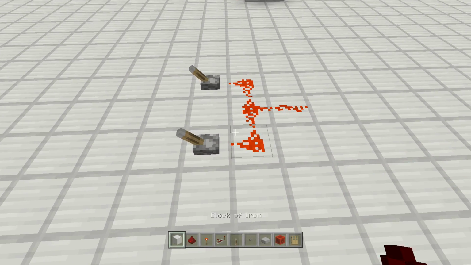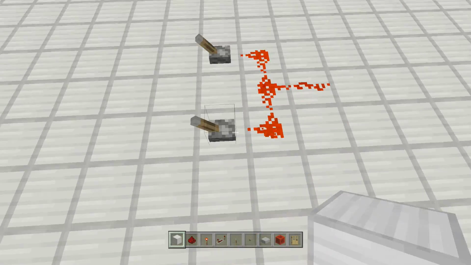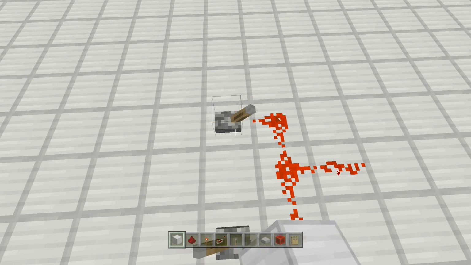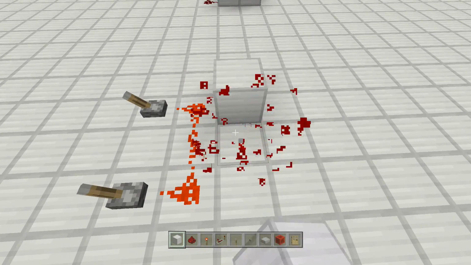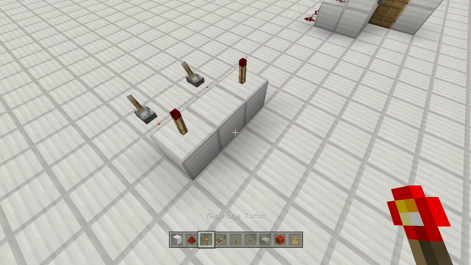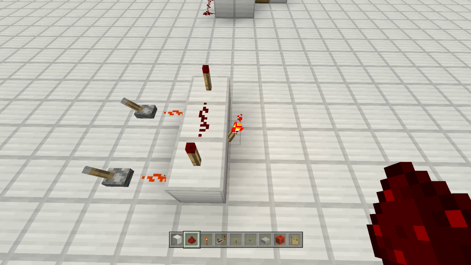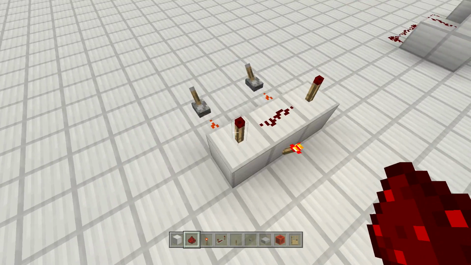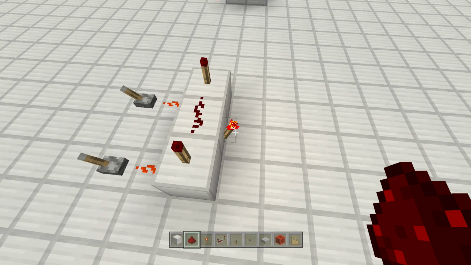So to do that, it's an AND condition because this one has to be on and this one. So you can switch it to making it go straight into an AND gate. And this torch will override the output and turn off the output if ever it's on.